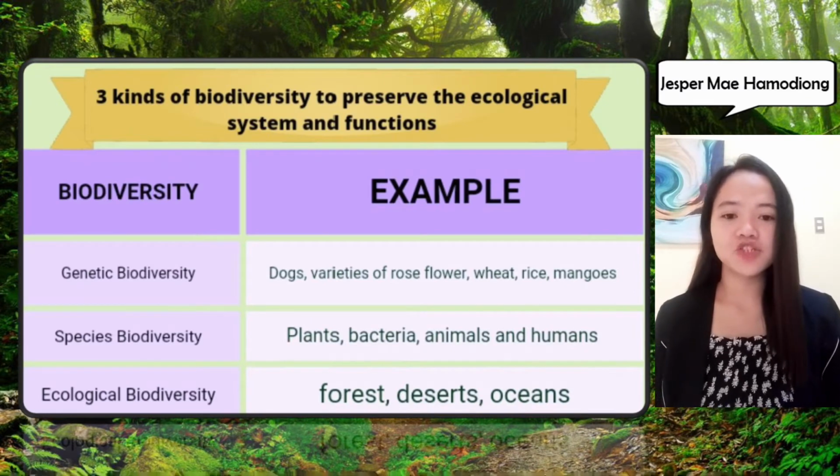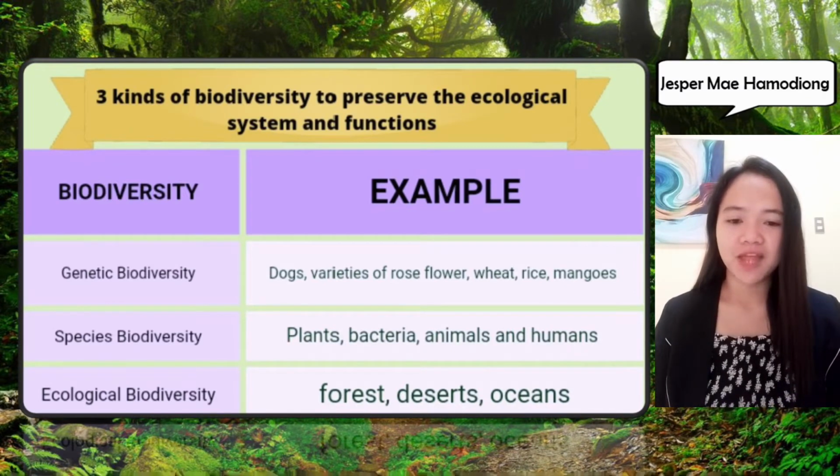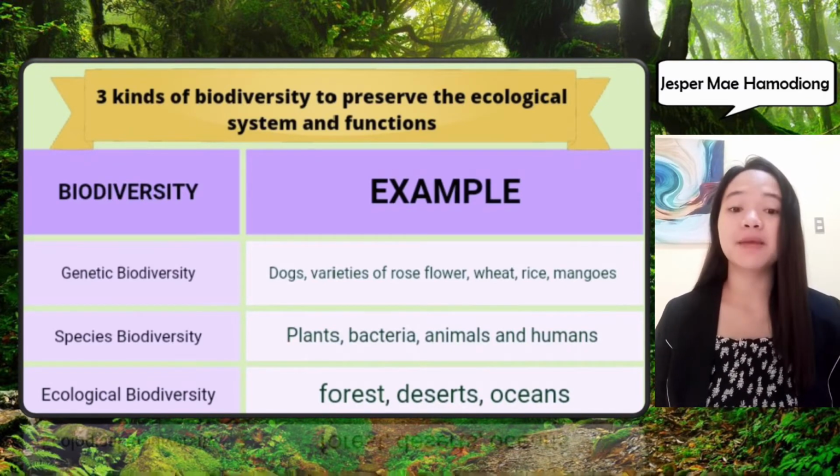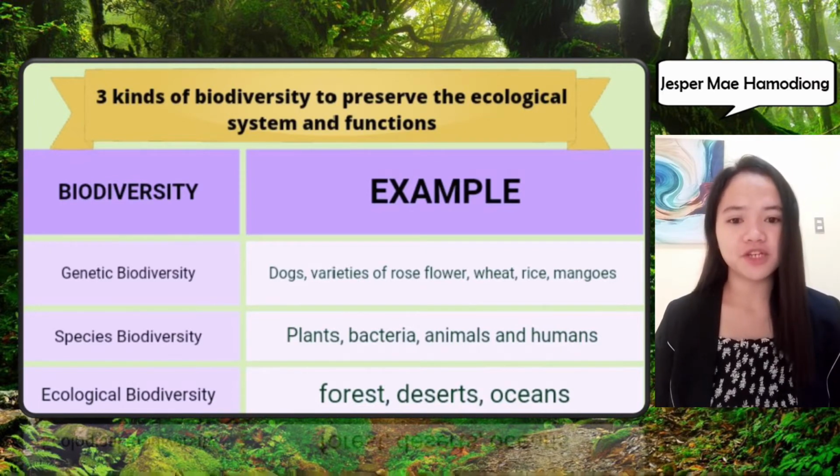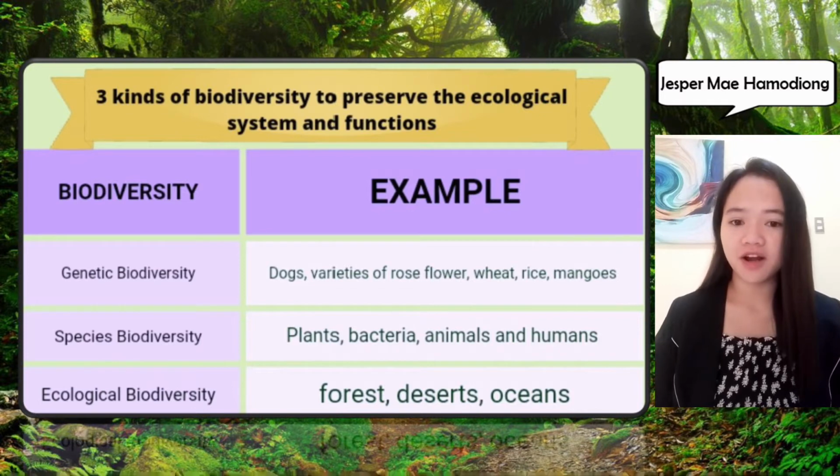So, what is genetic biodiversity? Genetic biodiversity is a biological variation that occurs within a species. The examples are different breeds of dogs, variation of rose flowers, wet rice, and mangoes. So those are genetic biodiversity.